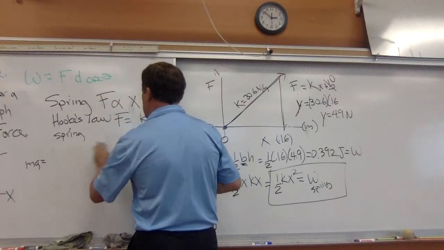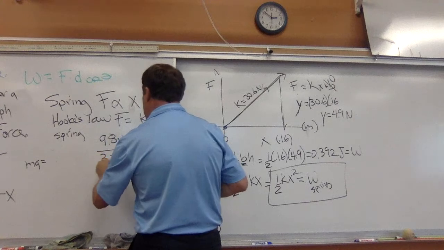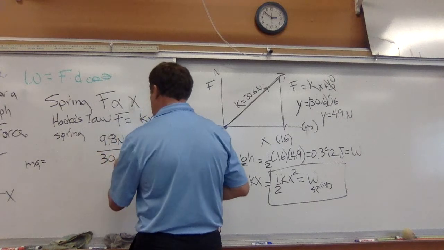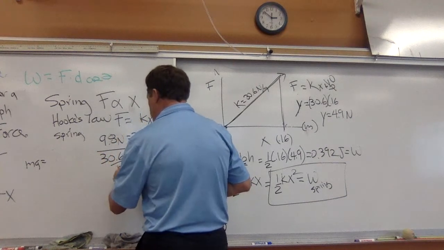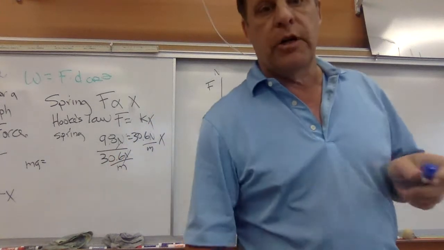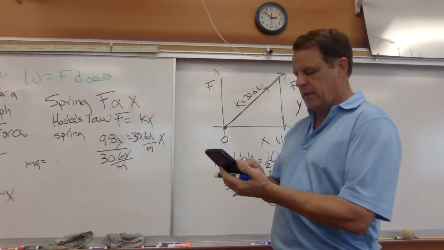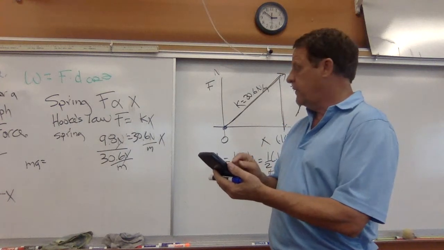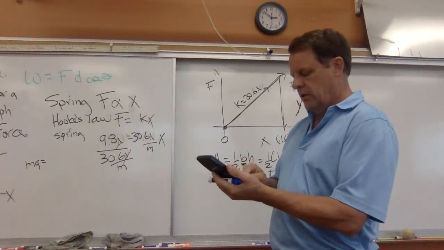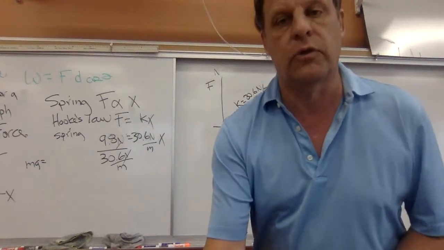So this is 9.8 newtons. Now we're going to divide by 30.6 newtons per meter. Newtons will cancel out. The meter is in the denominator of the denominator, which means it's the same as the numerator. 9.8 divided by 30.6, and that is 32 centimeters.